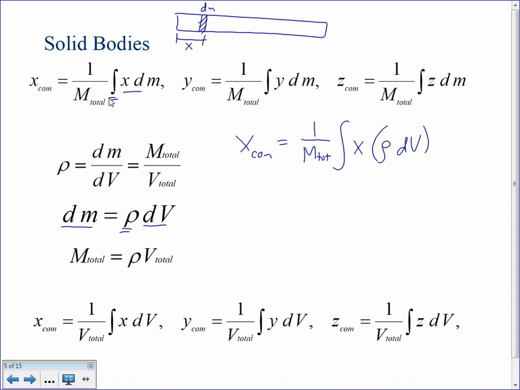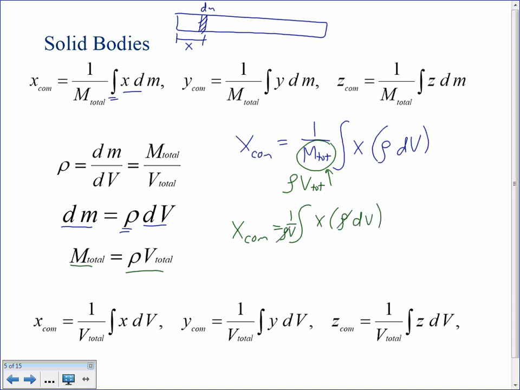But this total mass, looking at this, the total mass is the density times the total volume. And so we get that the x coordinate of the center of mass is 1 over the density times the volume, of x times the density rho times dV.